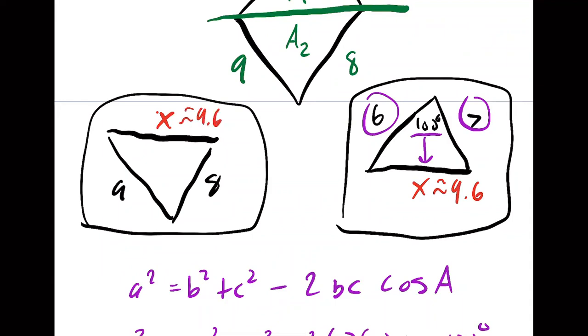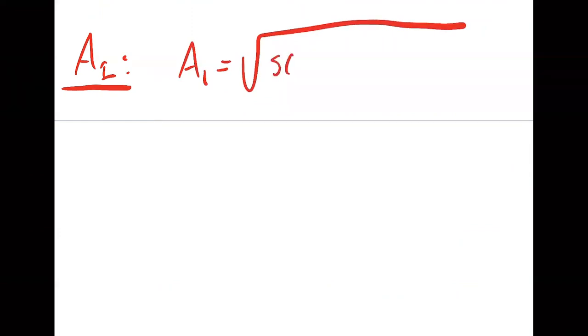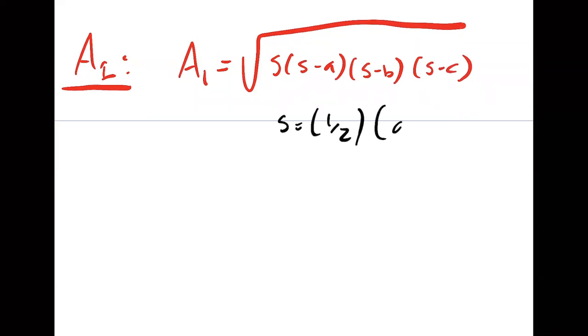And that means that we can apply Heron's formula to each of these. So we'll find the area of triangle 1 first. Again, the formula is that the area is equal to the square root of s times s minus a times s minus b times s minus c, where s is equal to 1 divided by 2 times a plus b plus c.